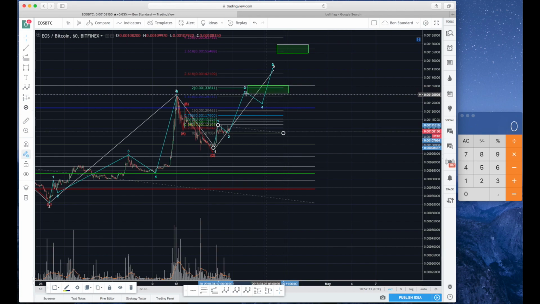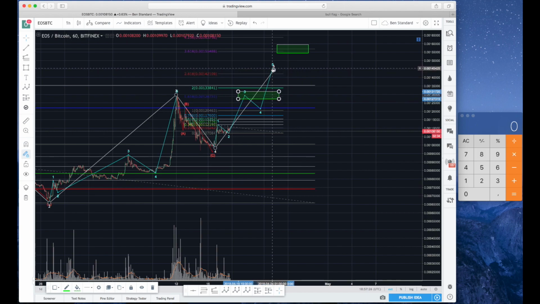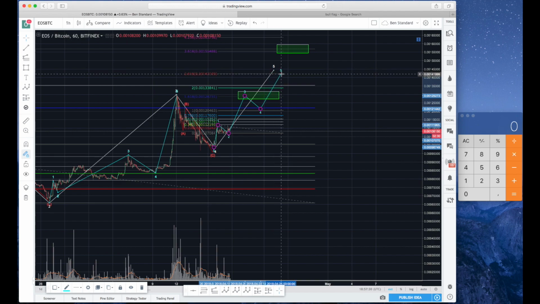So we can lower this a little. I'm gonna put it here around this area. And then the fifth subwave is either 2.618.